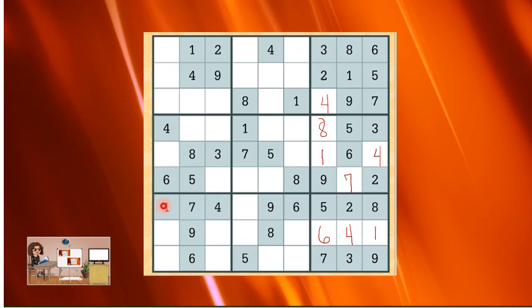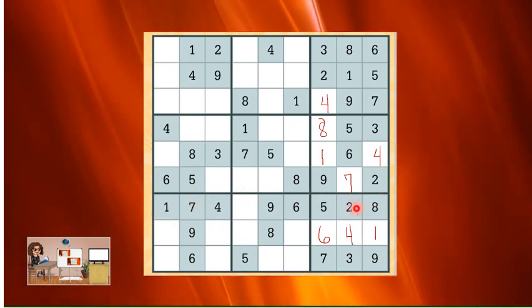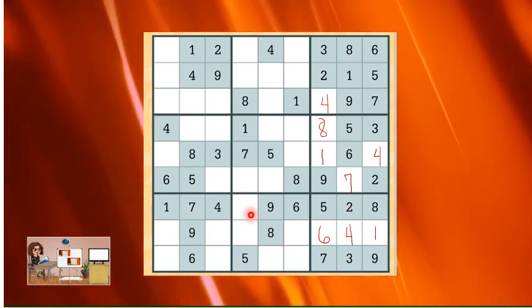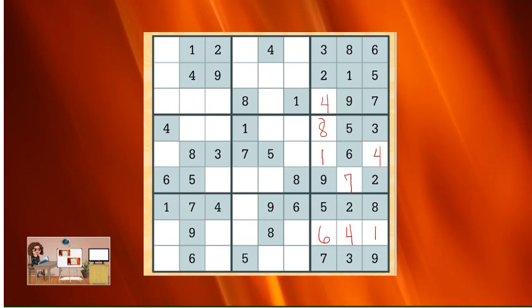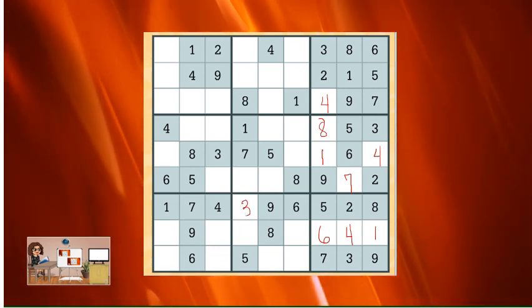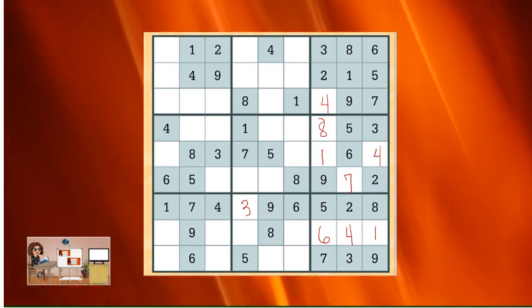Next, how about on this row? We have the numbers 1, 2, 3 is missing, so therefore 3 should be placed in here. So we have 3, 4, 5, 6, 7, 8, 9. So in this row, we have the complete set of numbers from 1 to 9.